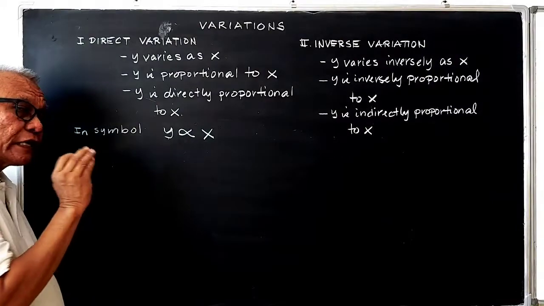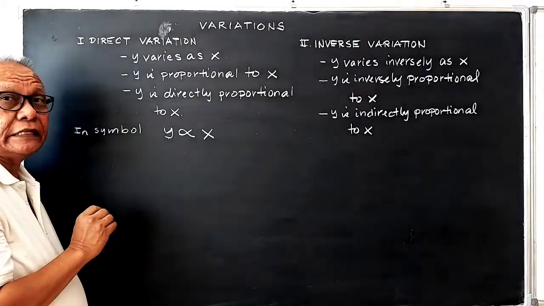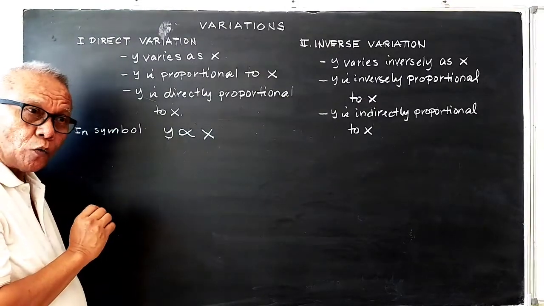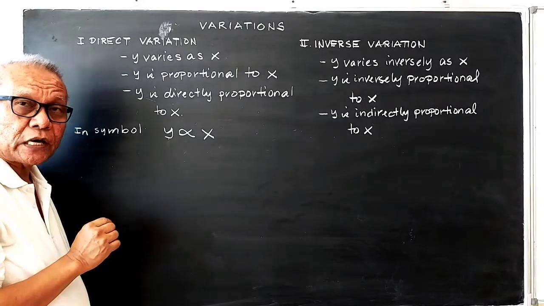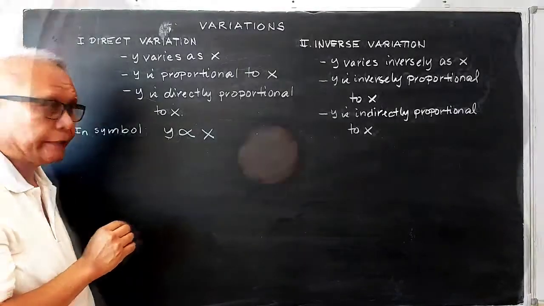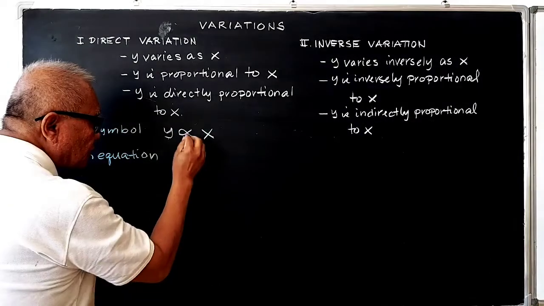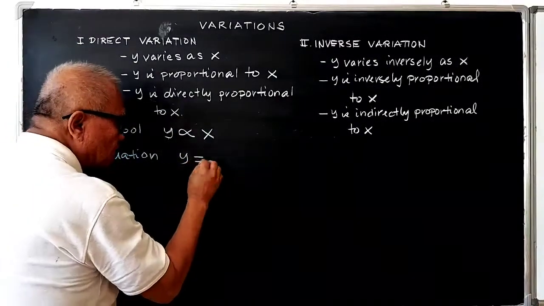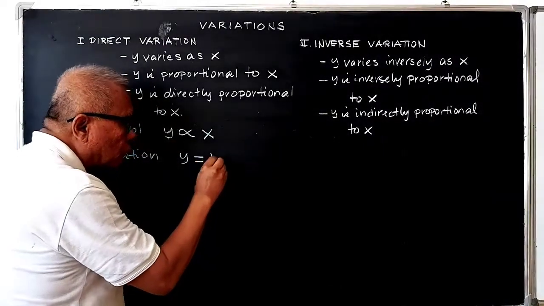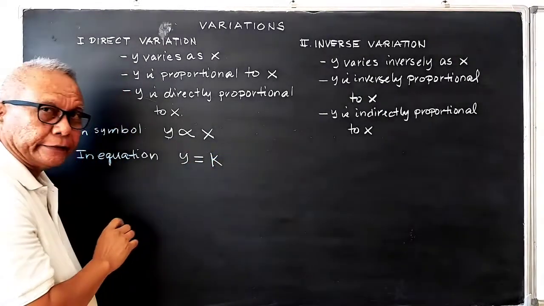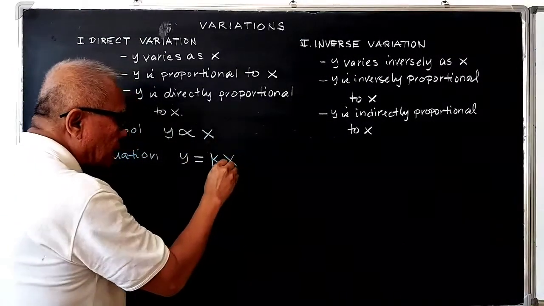Now, after writing that one in symbol, we will write that one in equation. When we have our equation, we need to introduce our constant k. This y, of course, is still y. When we transform the symbol into equality symbol, we need to put our constant k. And then afterwards, we write our x.